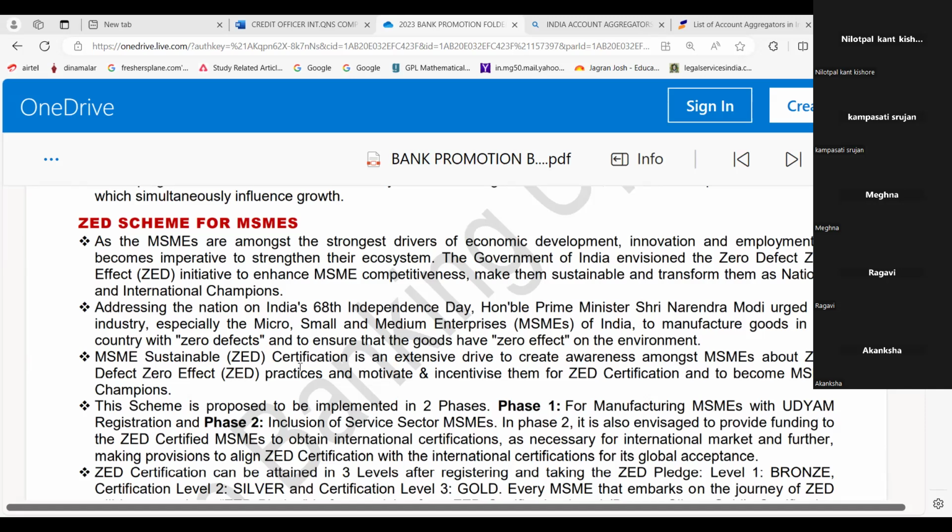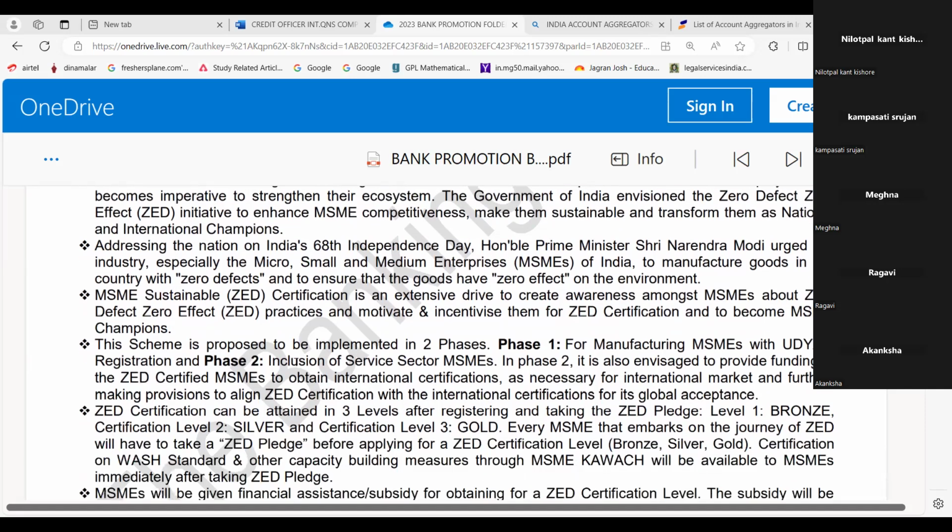As the MSMEs are amongst the strongest drivers of economic development, innovation, and employment, it becomes imperative to strengthen their ecosystem. The government of India envisioned the Zero Defect, Zero Effect initiative to enhance MSMEs' competitiveness, make them sustainable, and transform them as national and international champions.